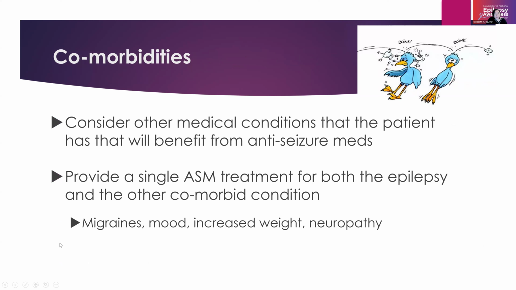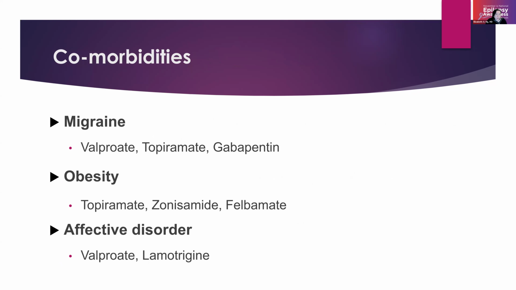So in considering a single ASM for a patient, it's very important to consider the comorbidities. So you can treat both the epilepsy and the comorbid condition, like migraines, mood disorder, increased weight, or neuropathy. So for migraines, we have valproic acid, topiramate, and gabapentin that treat migraines.